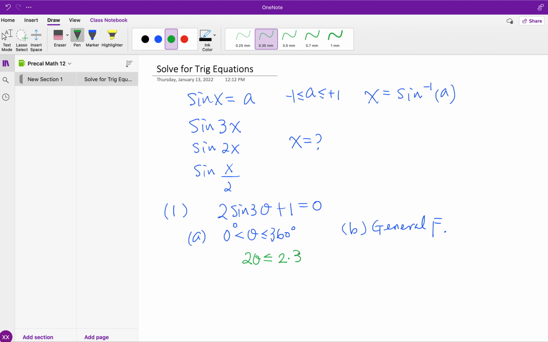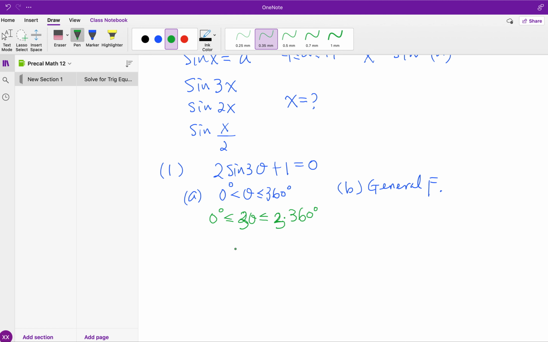Oh, sorry, this is 3. So if it's a 3, then this is 3 multiplied by 360. And over here, of course, 0 multiplied by 3 is still 0. So the 3 theta now goes from 0 degrees to triple 360.